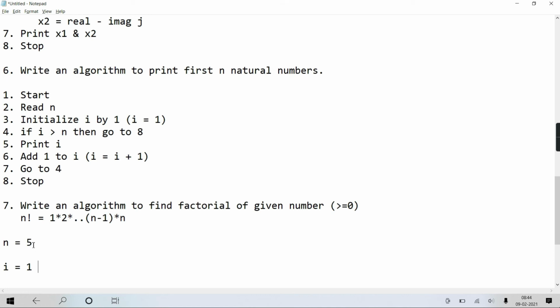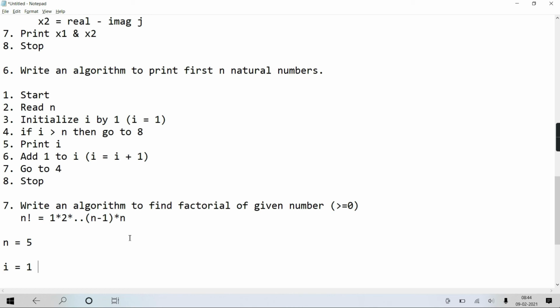And every time we'll multiply this I with the previous answer. Like see, 2 into 1 is 2. Then that 2 into 3 is 6. Then 6 into 4 is 24. Every time you're getting some answer, and that answer you're multiplying with the next number.